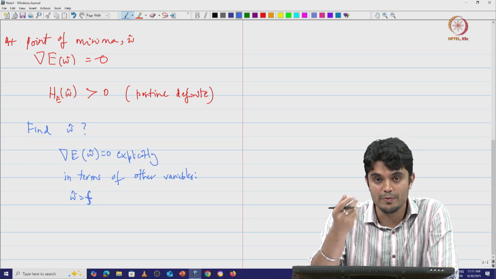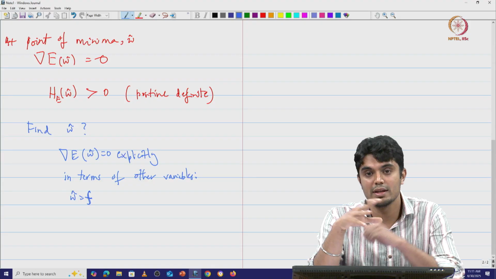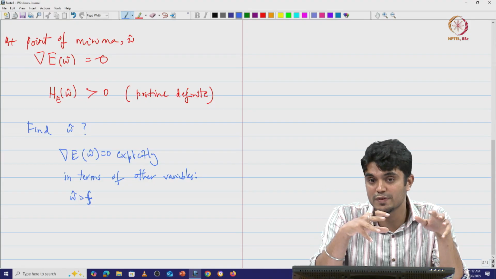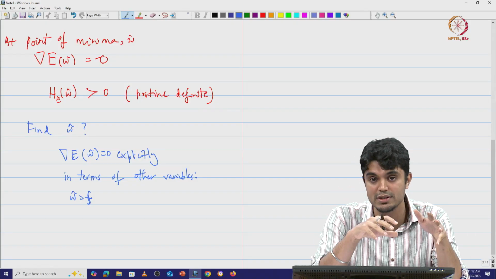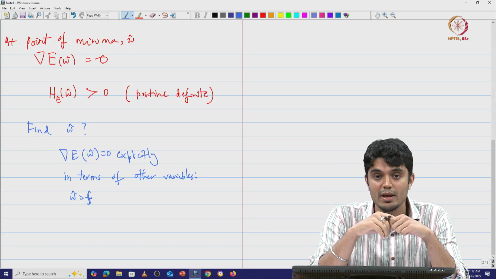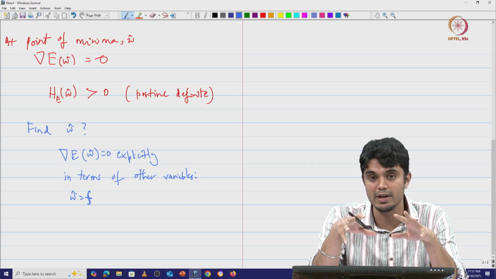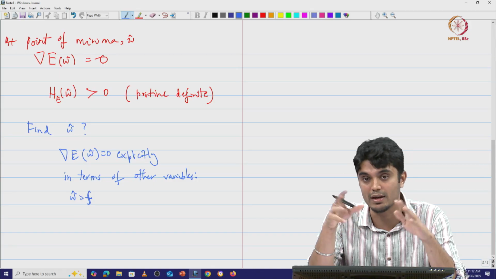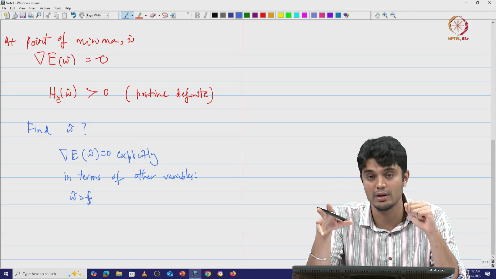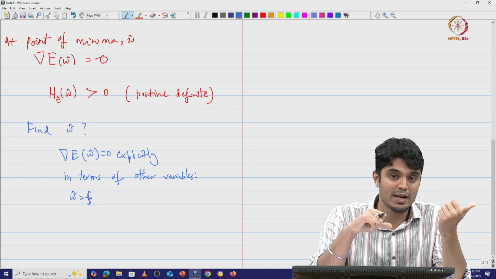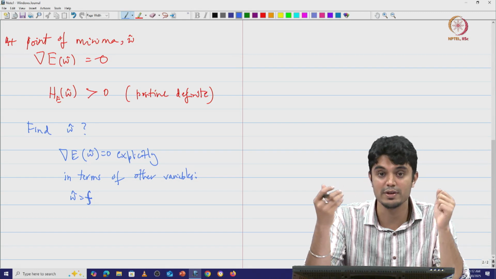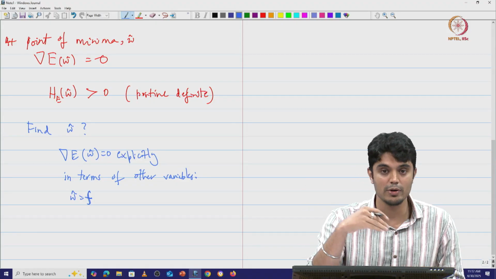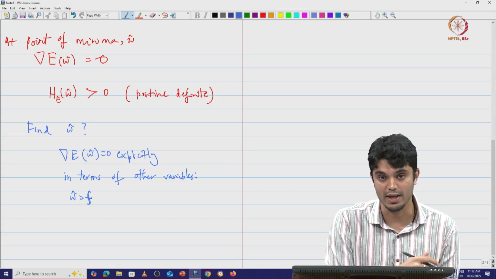Supposing we are standing at some point in the parametric space, we don't want to go in the direction where the cost function is going to increase in value. In other words, the model prediction versus the actual, the error is going to be higher if we move that way. So we don't want to move in that direction at all. But what about the opposite direction? Obviously, that is where we definitely want to move, because if you are moving in the opposite direction, you are reducing the cost function, that means you are reducing the error of the model. So we want to move in the opposite direction, right?